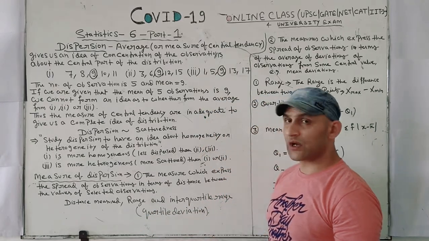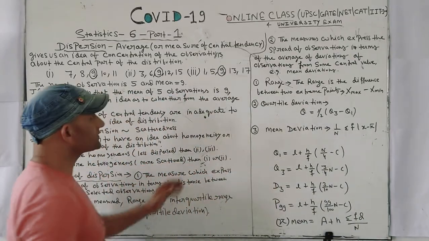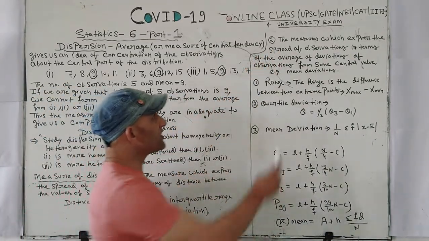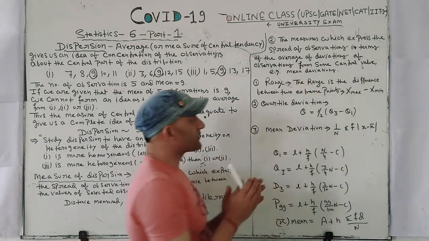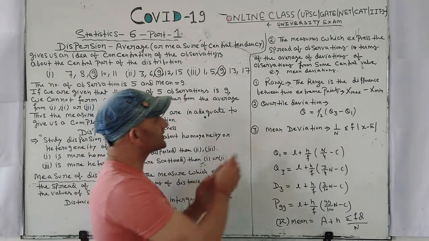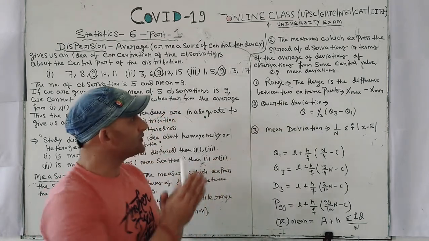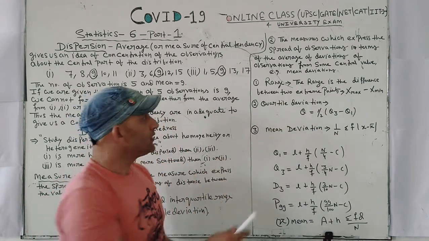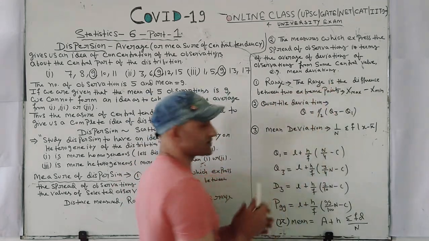You will use these formulas. The second measure of dispersion is the measure which expresses the spread of observations in terms of the average of deviations of observations from some central value. So here we will use the mean deviation.